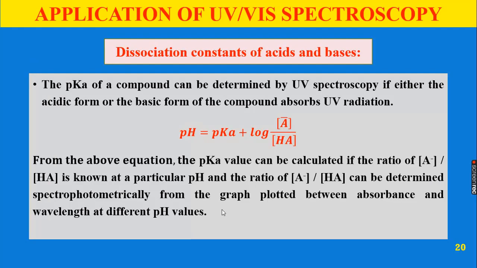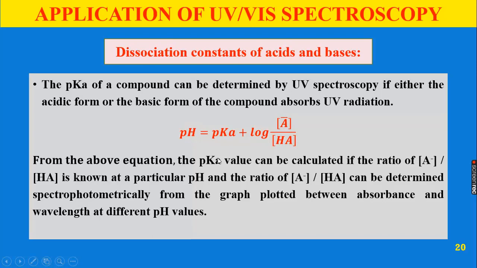Next application is the dissociation constant of acid and base. The pKa is called the dissociation constant of acid. From this equation, pH is equal to pKa plus log A minus over HA, meaning ionized over unionized.